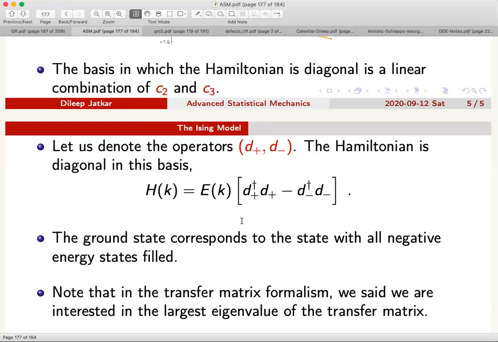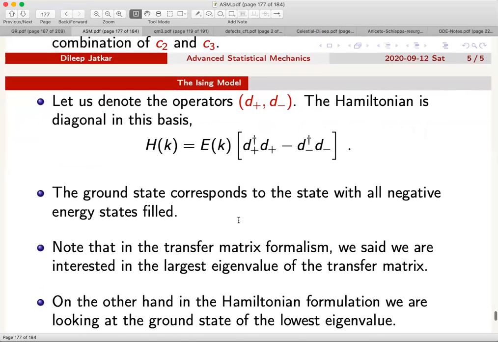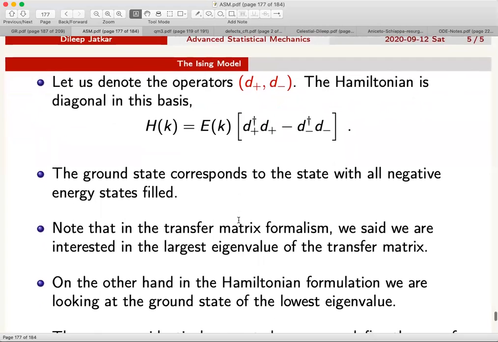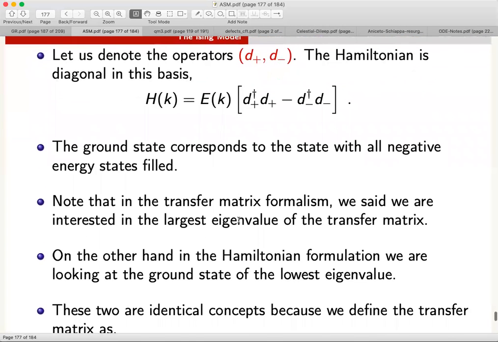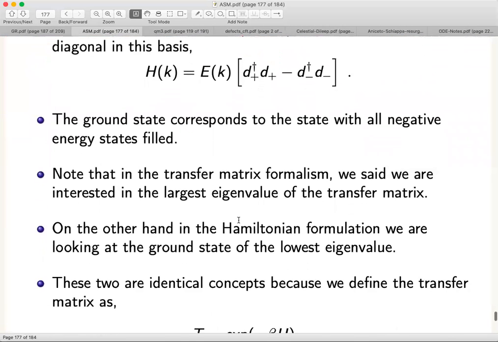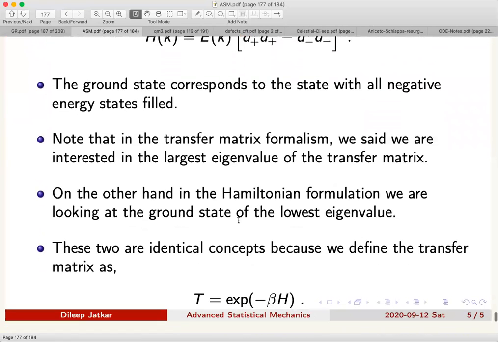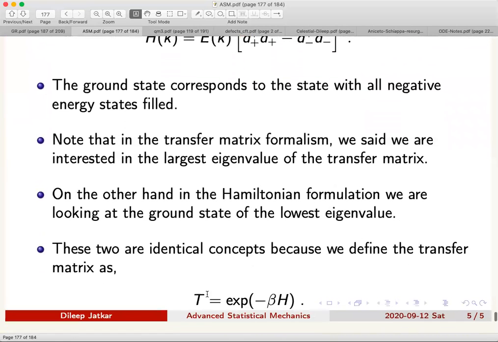But that is not a contradiction, because the relation between the transfer matrix and the Hamiltonian is like this: the transfer matrix T is exponential of minus beta H. Therefore, to get the largest value of the transfer matrix would require the smallest eigenvalue of H in the problem.